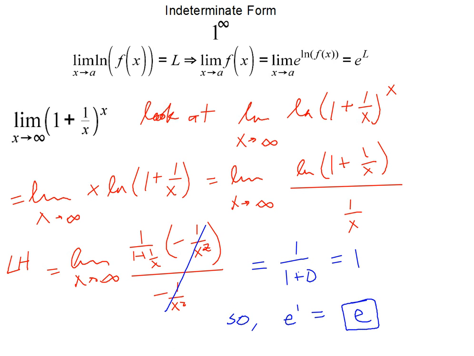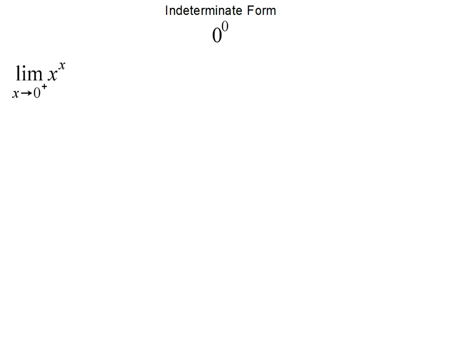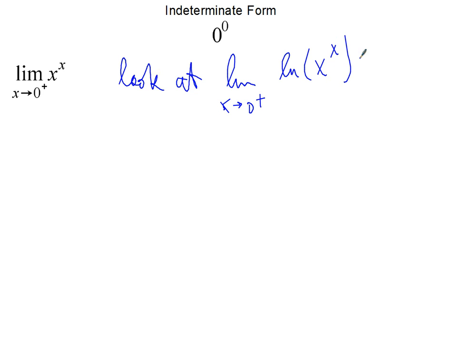The next indeterminate form that we're going to look at and use this technique for is 0 to the 0 power. So once again, we're going to look at the limit as x approaches 0 from the right of the natural log of x^x, which then allows us to remove the exponent and pull it out to the front.